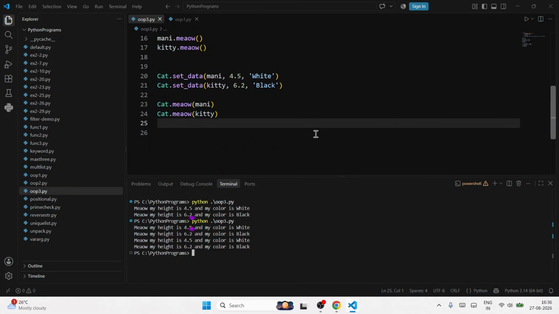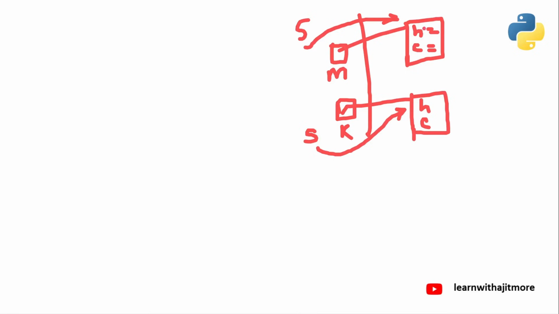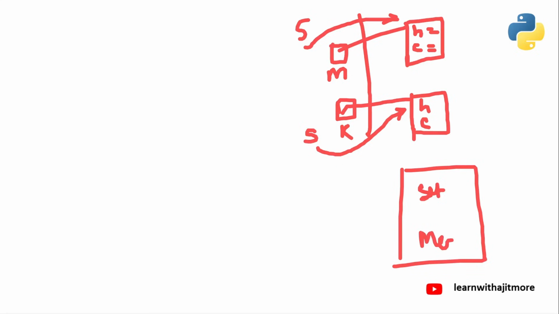Getting it? With this, do you observe that the data is there in every object, but the methods are kept once only, the setData method, then the meow method. They are not repeated for each object. For every object, only what will be repeated? The instance data, height and color.